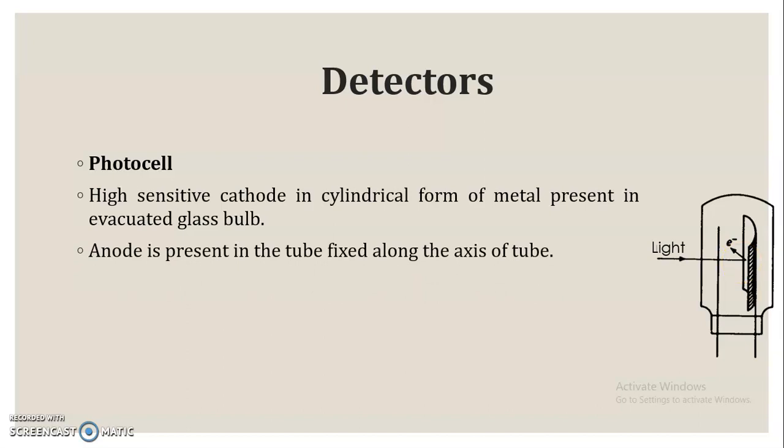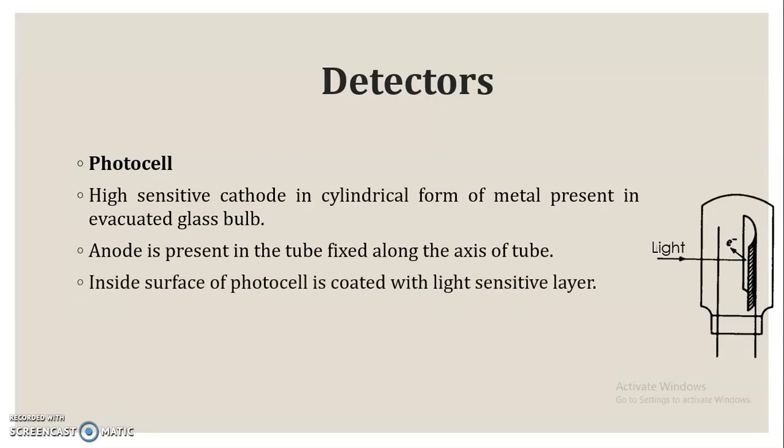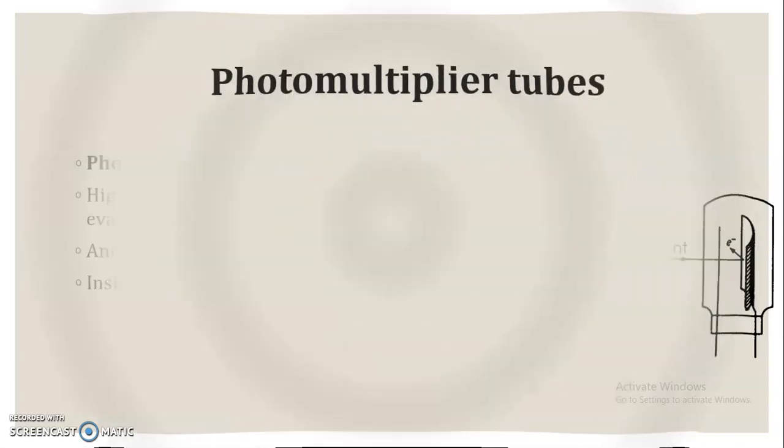The anode is present in the tube, fixed along the axis of the tube. Also, the inside surface of this photocell is coated with a light sensitive layer, to increase the production of electrons. So this is about the photocell.